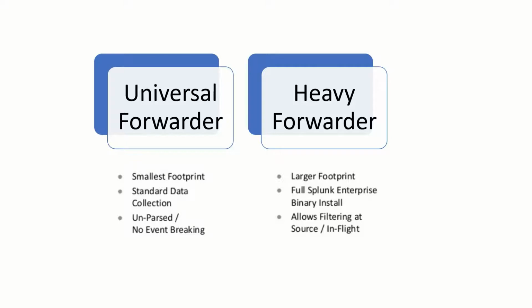The data will be unparsed. There will be no line break. There is a term called line break in Splunk. The data as it is from the source will be sent to the next level of component. Also, it does not have any GUI, so whatever configuration you are doing, you need to do it through the command line.